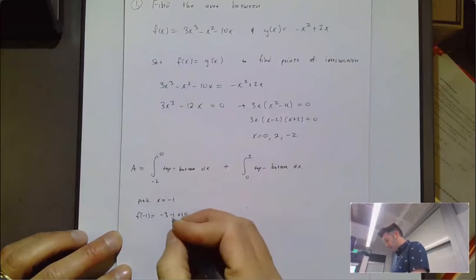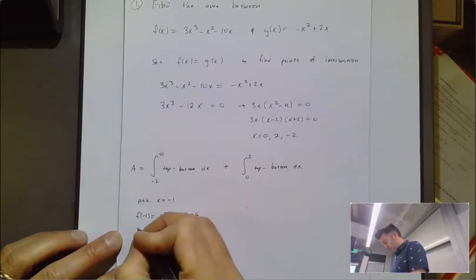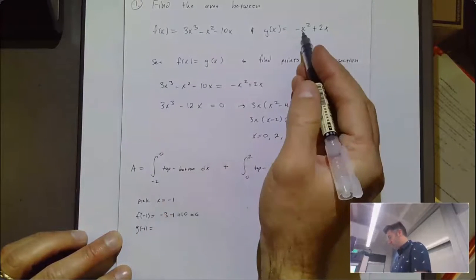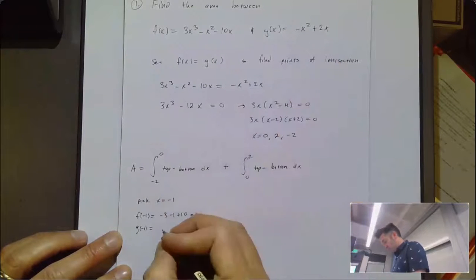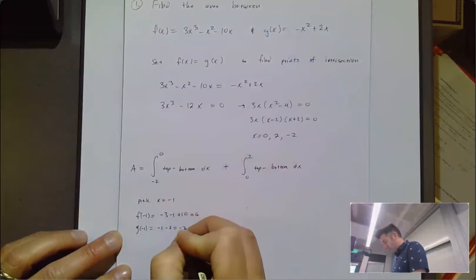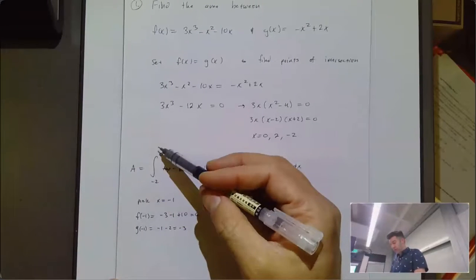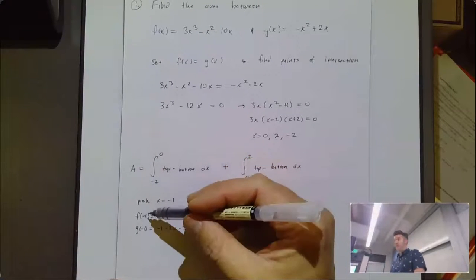That's negative 4 plus 10, which is 6. And g of negative 1 is negative 1 minus 2, which is negative 3. So for the interval from negative 2 to 0, the function that's on top is f of x.